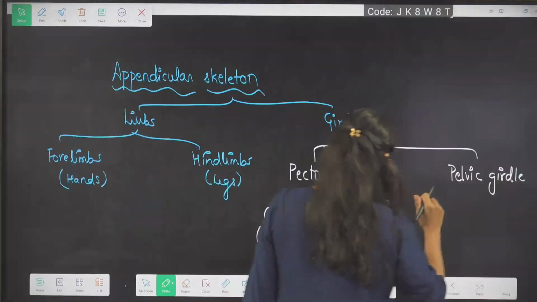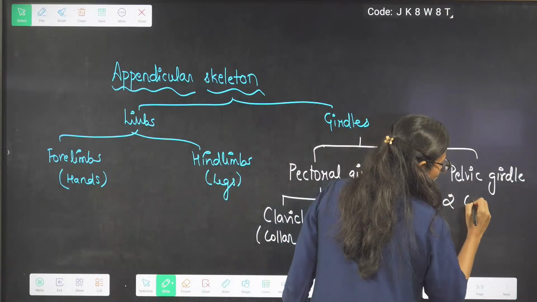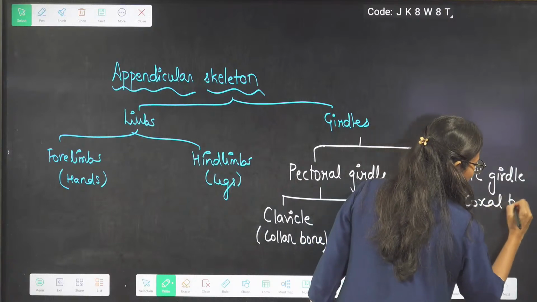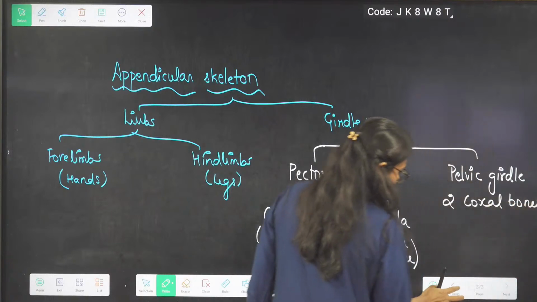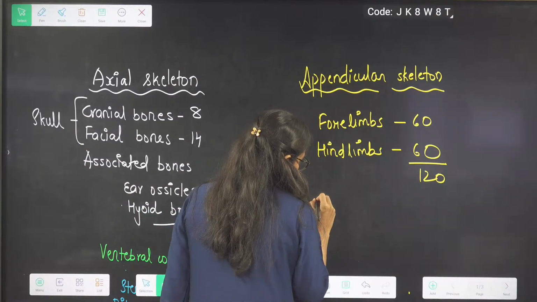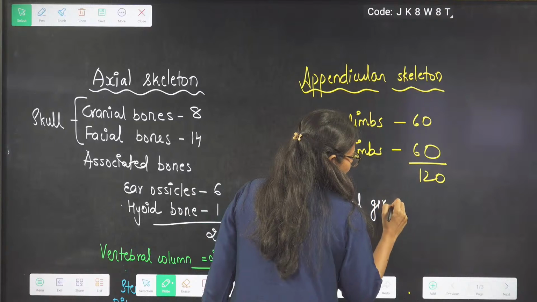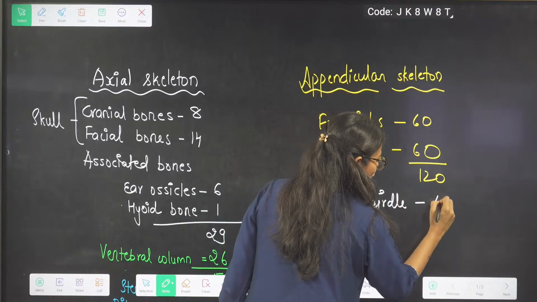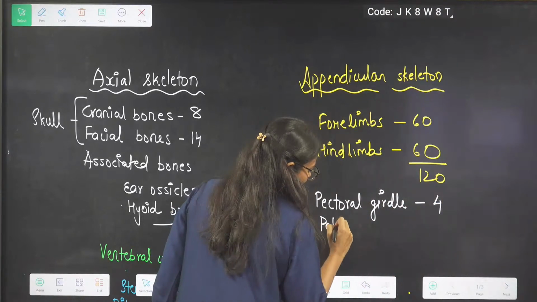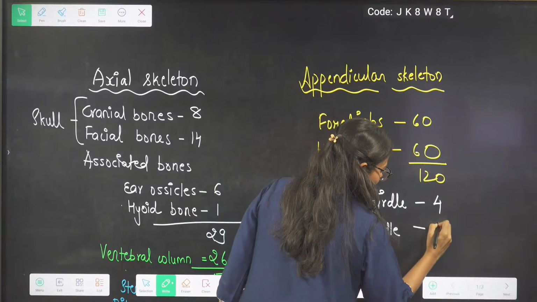Let's complete it. So yes, pelvic girdle, what I told you, it has two coxal bones. And then coming to the last part here, pectoral girdle, 4, pelvic girdle, 6. Oh, sorry.